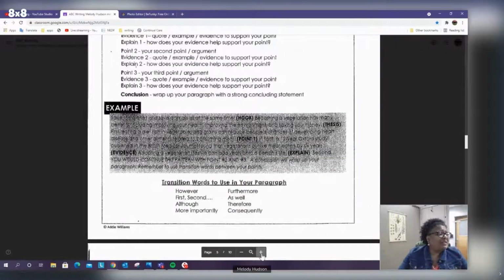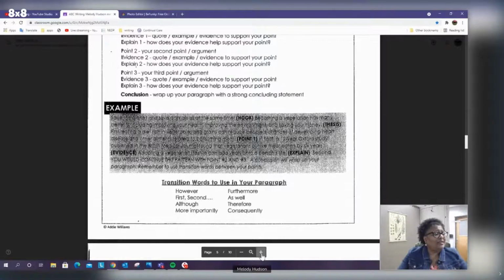Save the planet and animals all at the same time. That's a hook. Becoming a vegetarian has benefits such as improving your health, improving the environment, and saving you money. That's my thesis statement. First, eating a diet rich in vegetables and grains can reduce people's chances of developing heart disease and other ailments related to consuming meat.